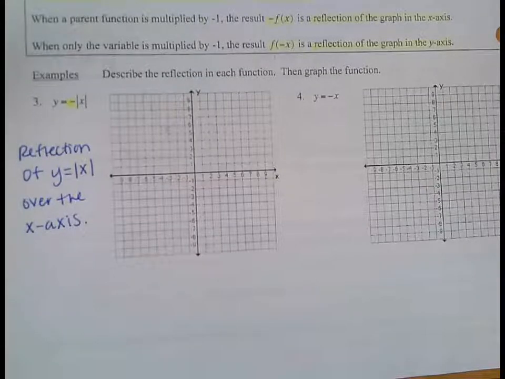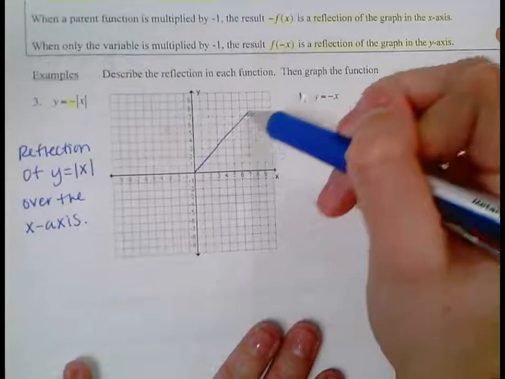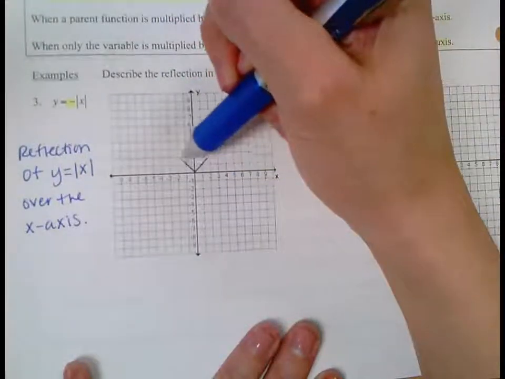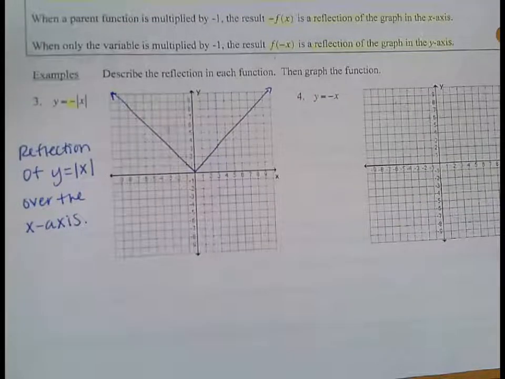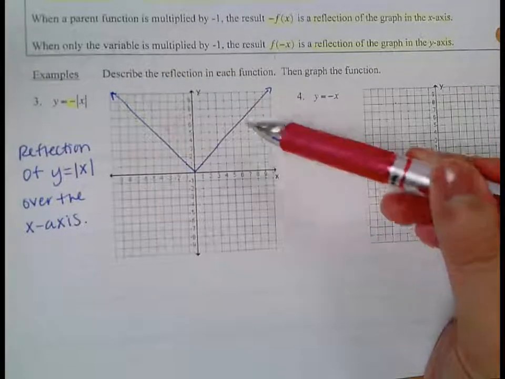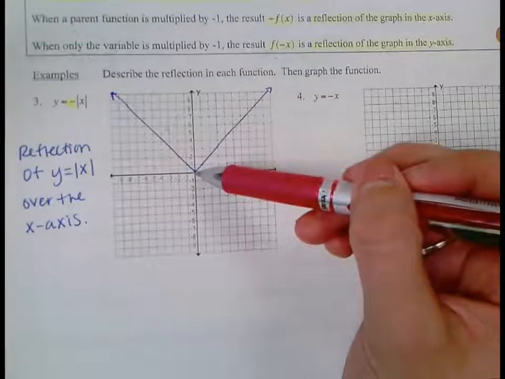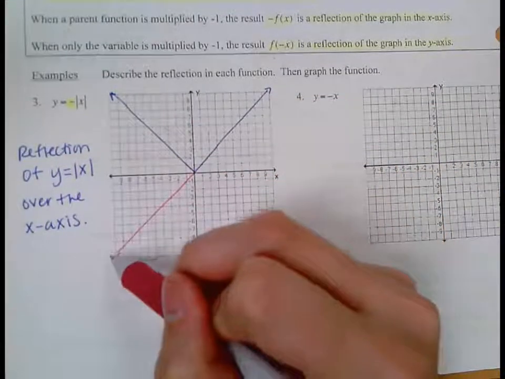And then to sketch this, again I'm going to sketch the parent graph, which is a V, vertex at 0, 0, and it opens up. Now if you think of the x-axis as a mirror, because it's reflecting over the x-axis, the vertex is going to stay where it is, but now that absolute value graph will open down.